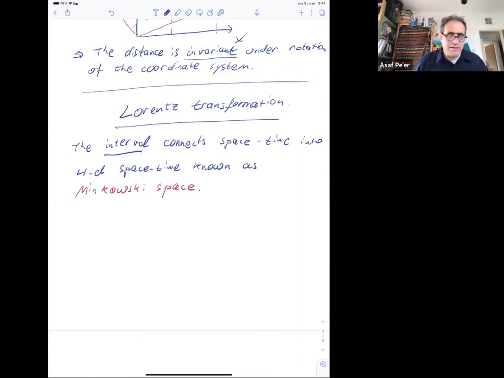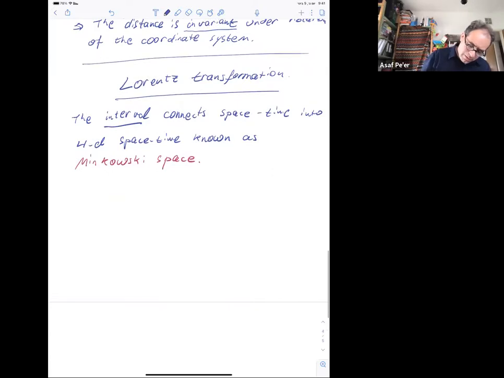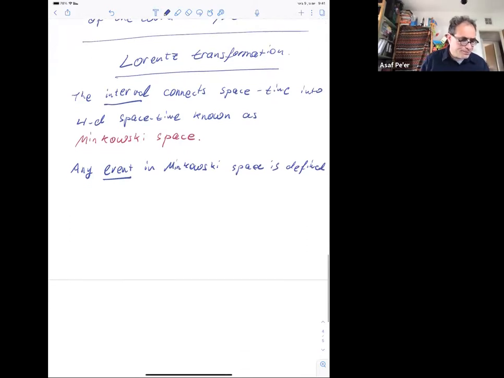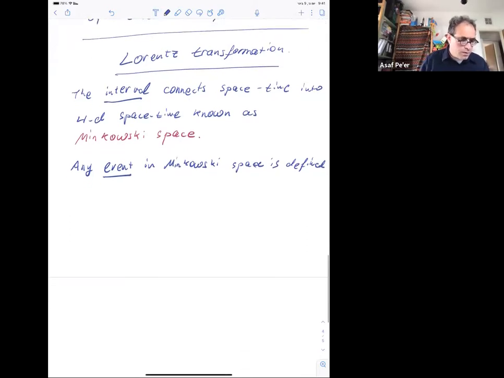So any event in Minkowski space is defined by a 4 vector of coordinates.